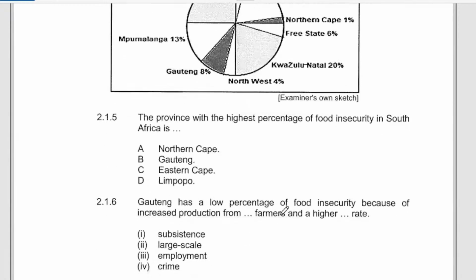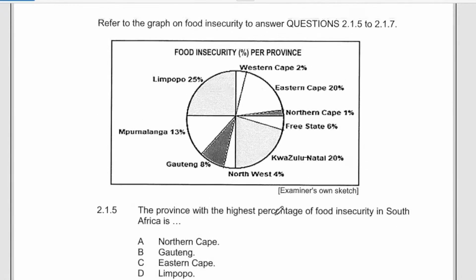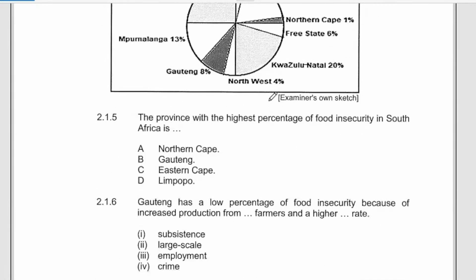The province with the highest percentage of food insecurity in South Africa, we just check. We see Limpopo is having 25%, followed by KZN with 20%, and also Eastern Cape with 20%. So the province with the highest percentage of food insecurity is Limpopo. Right, the next question.